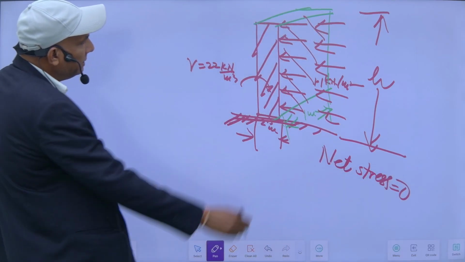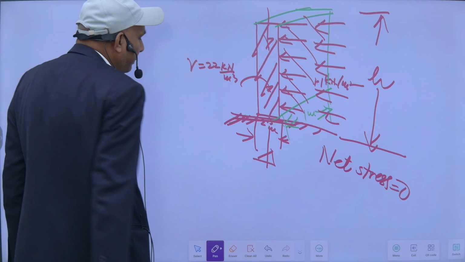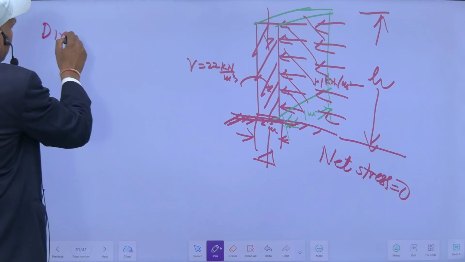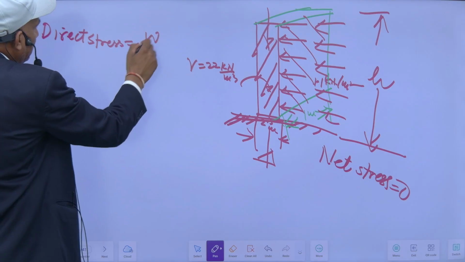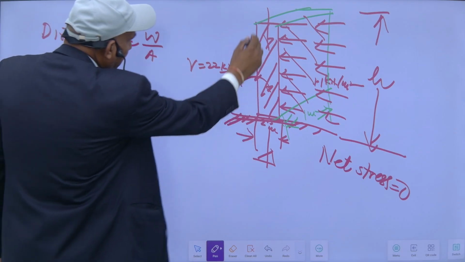Due to its self weight, it will create a direct compressive stress here. This will be W upon area. Direct stress is equal to W upon area. What is W? Self weight.